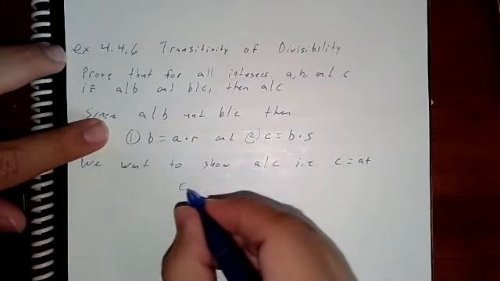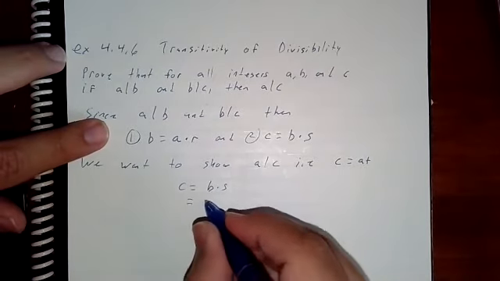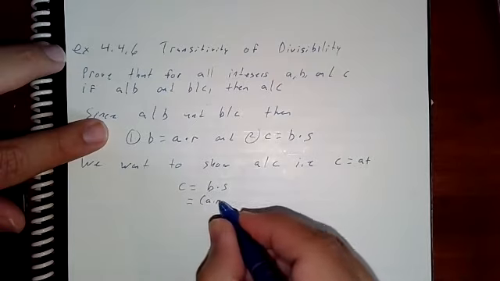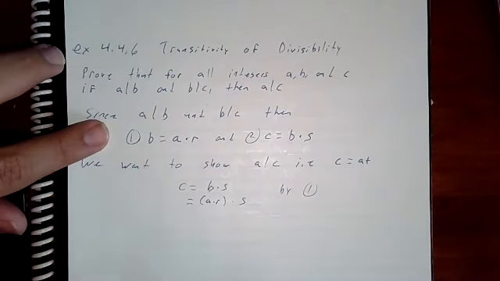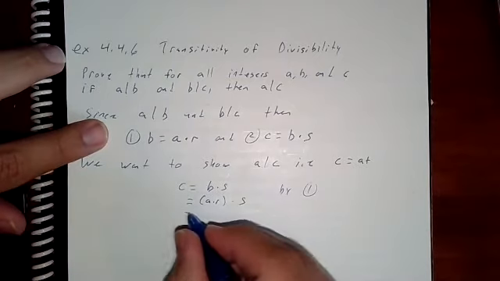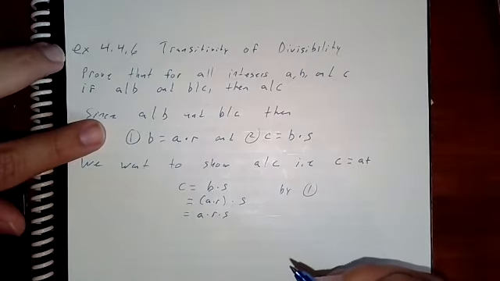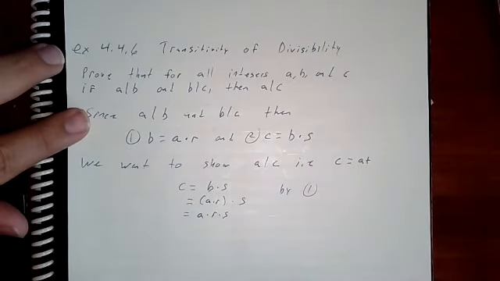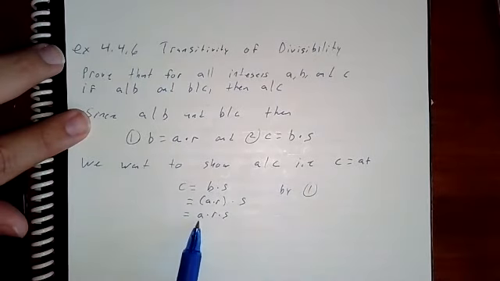So c is equal to b times s, which would be equal to a times r times s by equation 1. I'm just substituting b in here. And now there's an a factor here, so that would be equal to a times r times s. And this means that c is divisible by a, right? Because it's right there.